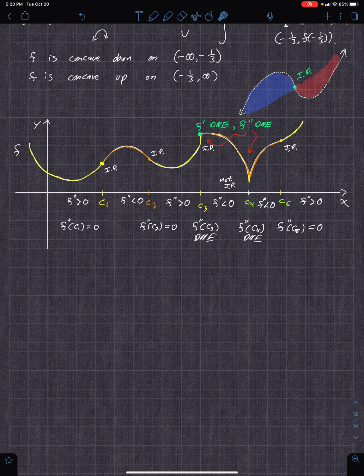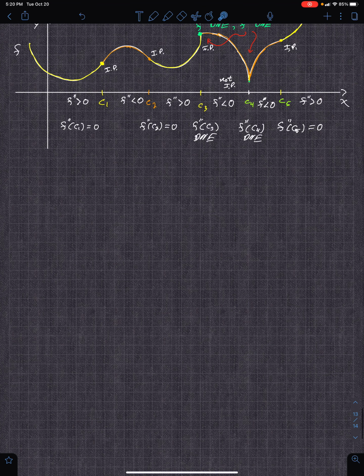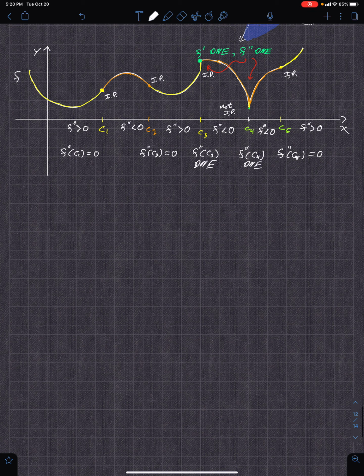Let's look at what's called the second derivative test. The second derivative test is not unique, but it's only used for specific cases. So this is called the second derivative test.